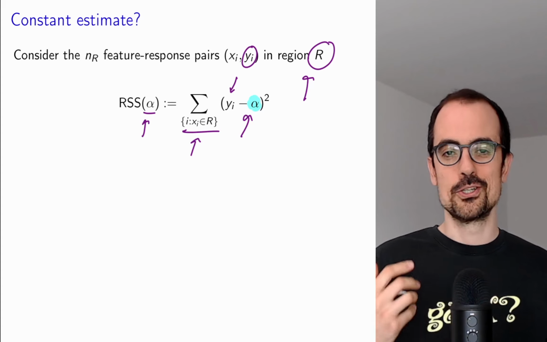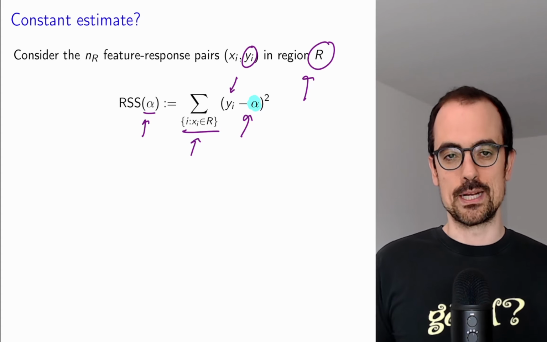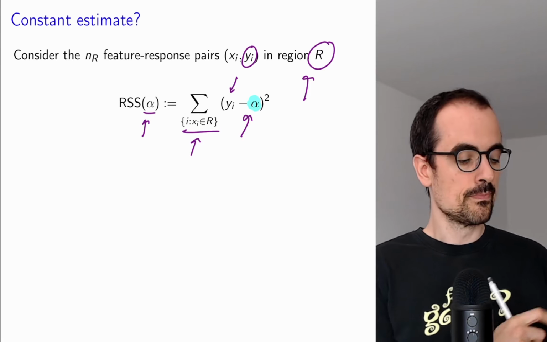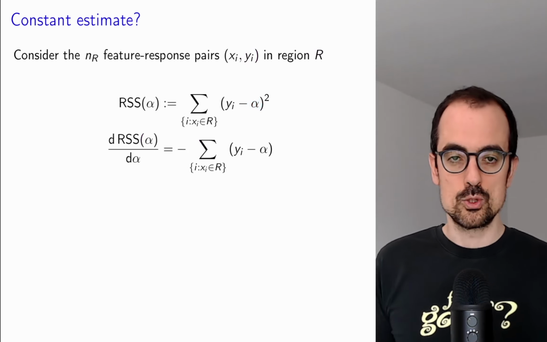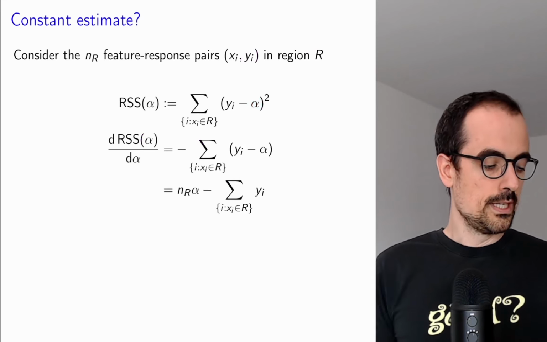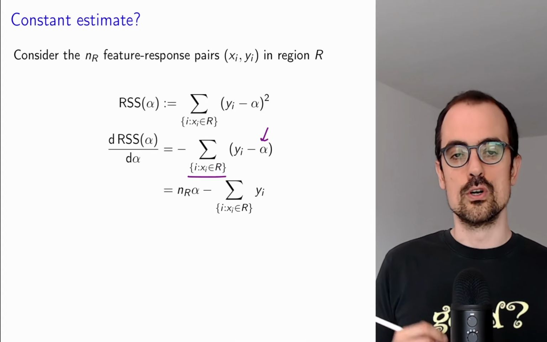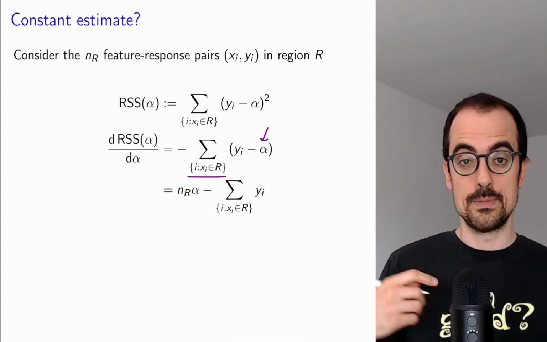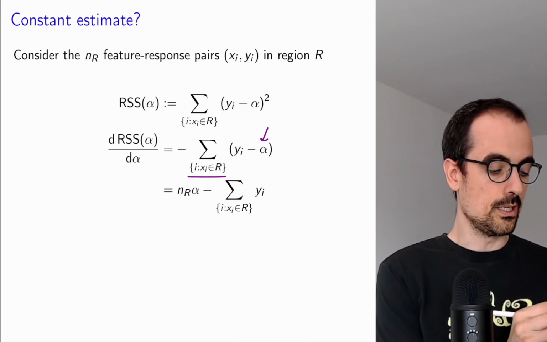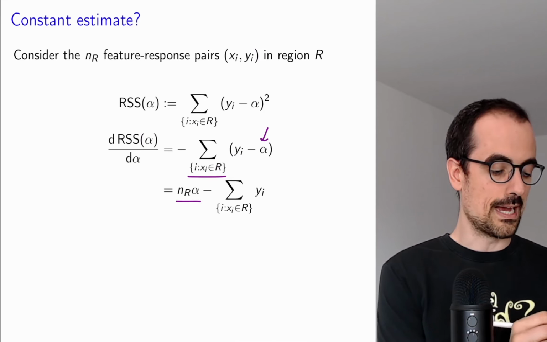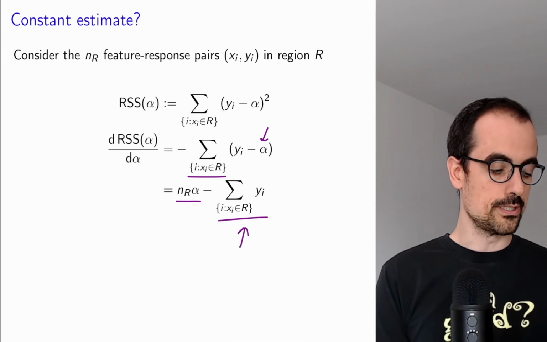Well, we have this function. We want to minimize it with respect to alpha, so let's take derivatives. This is the first derivative with respect to alpha. It's useful to realize that because this is a constant and we're summing over all the data that belong to the region R, this is just equal to NR times alpha, and here we have the sum of all the responses.